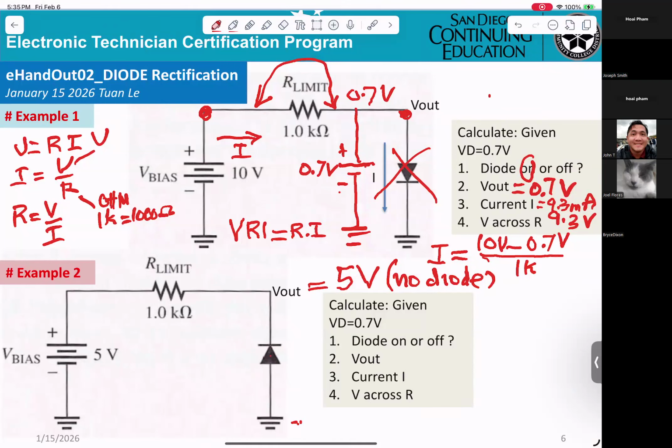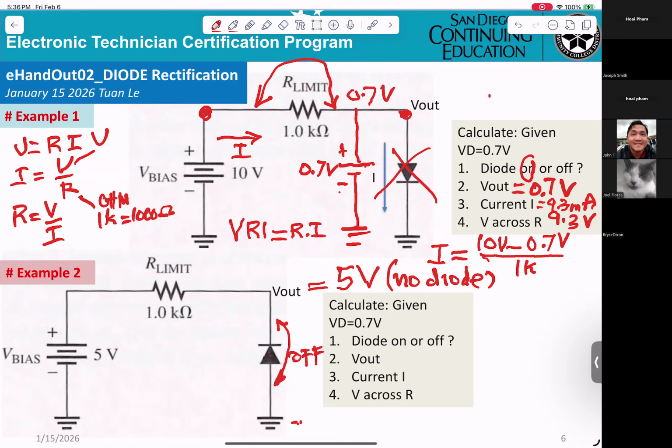Okay? Diode on or off? Is the diode off this time? Perfect. Diode off. The anode is less than the cathode, so the diode is off.